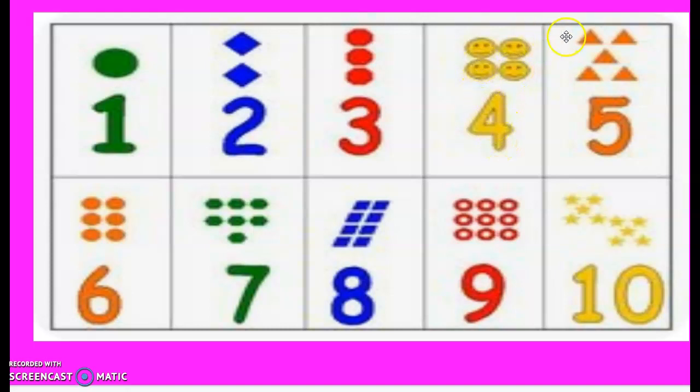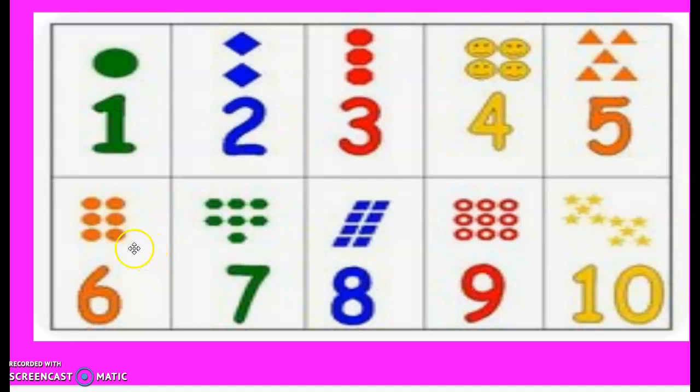Again, next, what is this? This is a triangle. Count triangles. How many triangles are there? Count, children. 1, 2, 3, 4, 5. Then write number 5. Come on. How many circles are there?